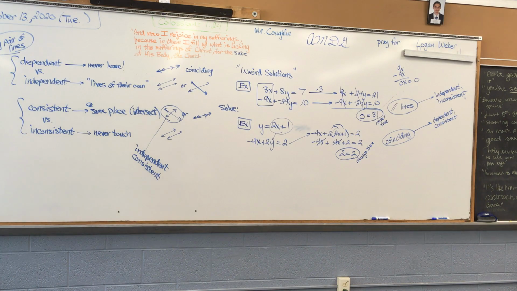Now, take a look, please, on page 118. For example, problem number 31. They did not give you graphs. They gave you two equations. Any idea how to tell whether they're consistent, inconsistent, dependent, independent? Guess what piece of data is particularly important for all of these problems? It's very similar to last chapter when you had to determine if they were parallel or not. You have to find the slope.